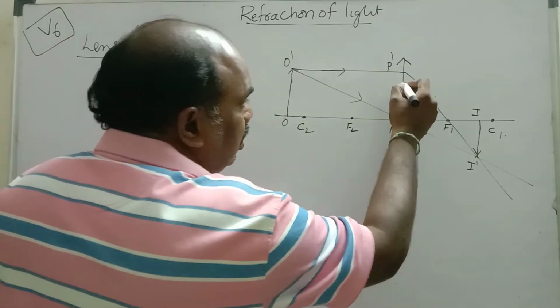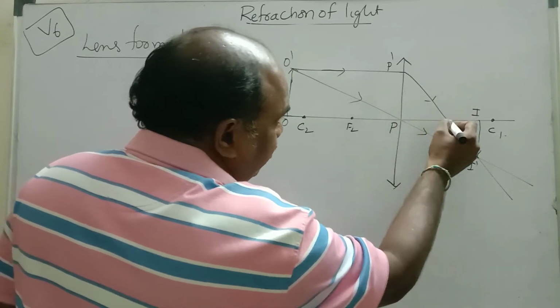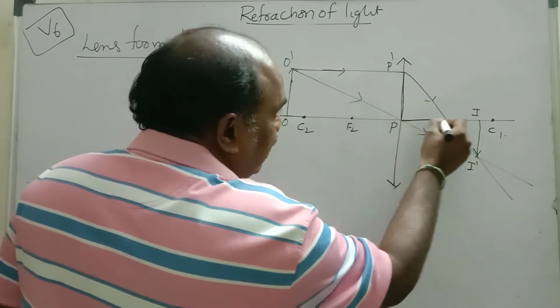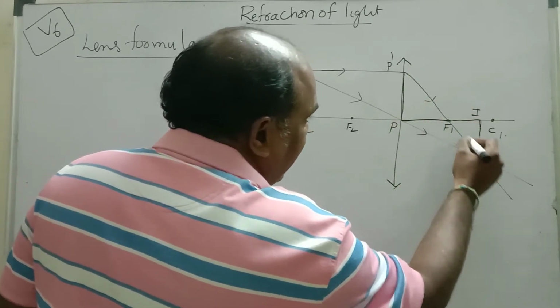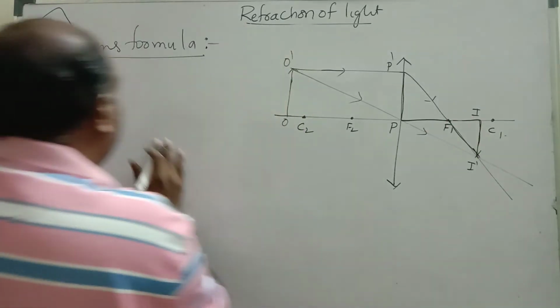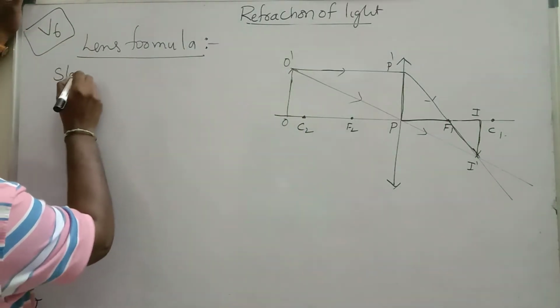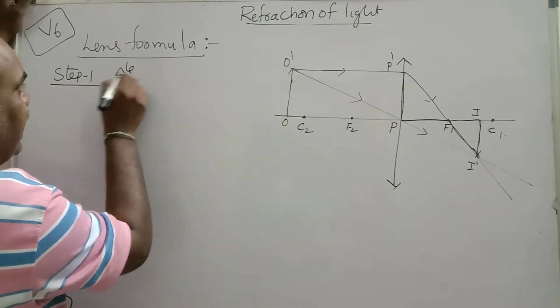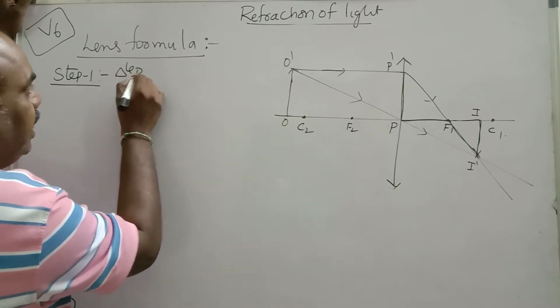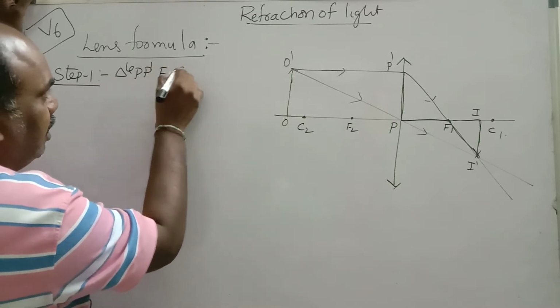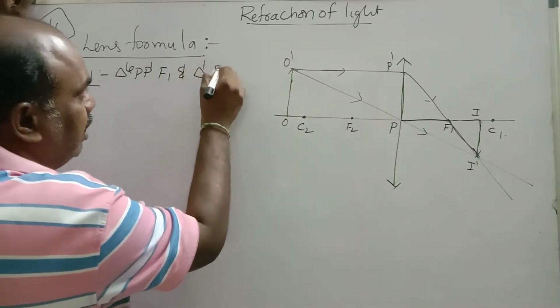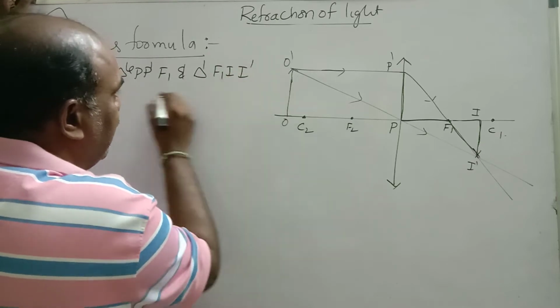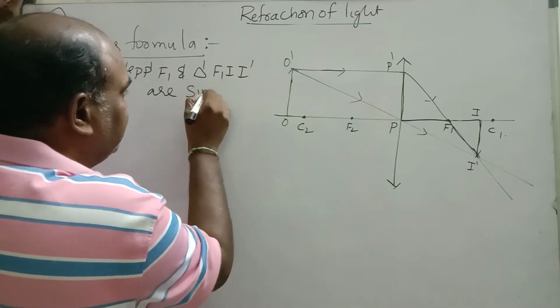Okay. Now, observe children, triangle P dash F1 and this triangle F1 I dash, these two are similar. First step I am writing, step 1. See here, which triangles are similar? Triangle P dash F1 and triangle F1 I dash are similar.